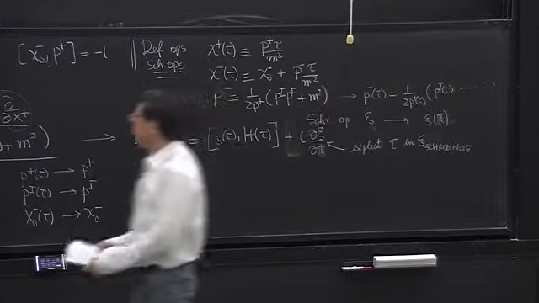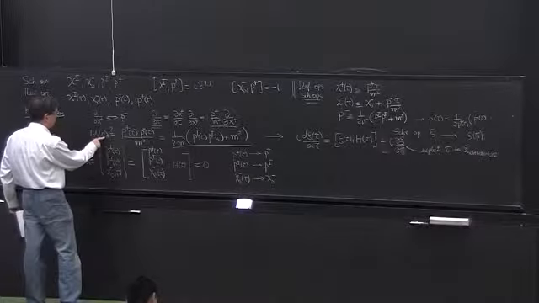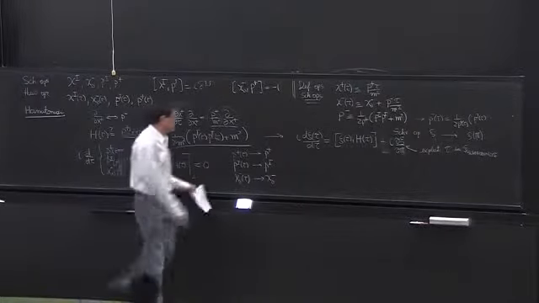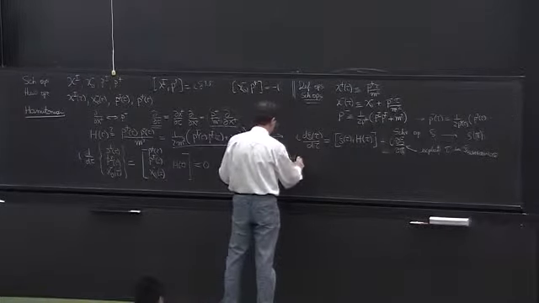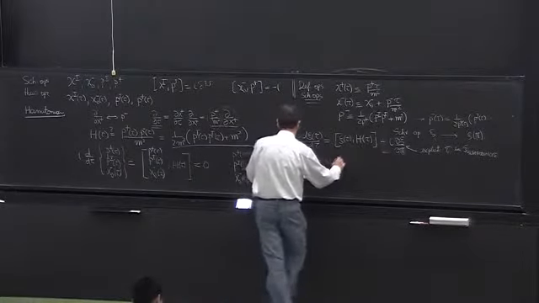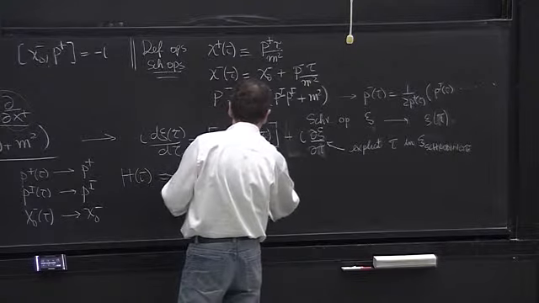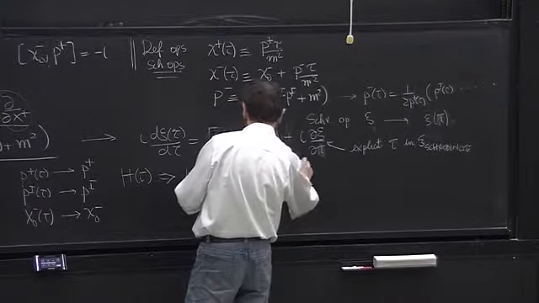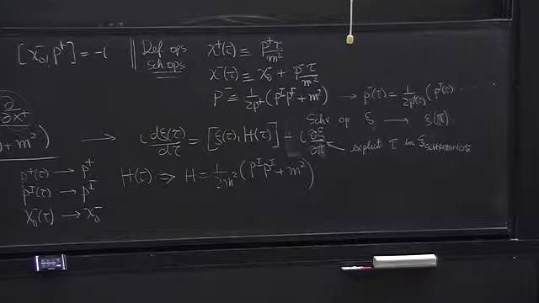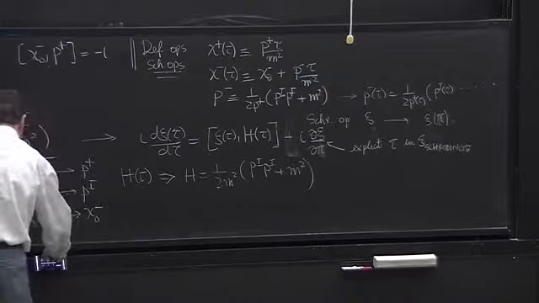Which is obvious because all these things are time independent. So h of tau now can be written as h equals 1 over 2 m squared times pi pi plus m squared. So things are going well.